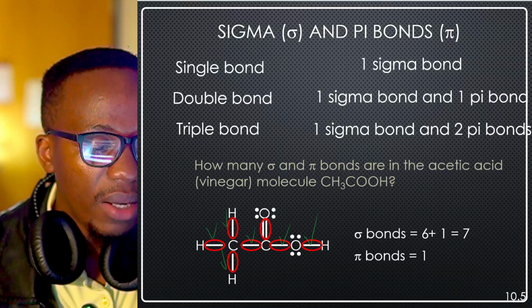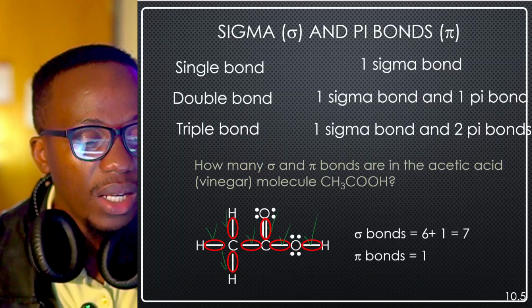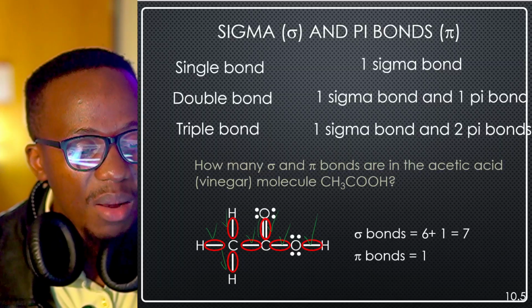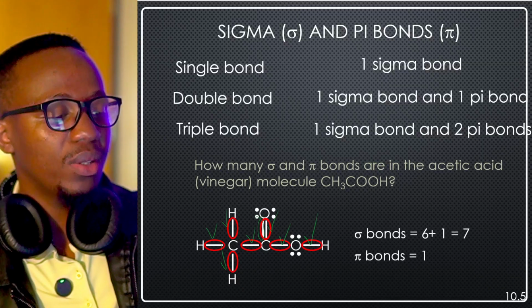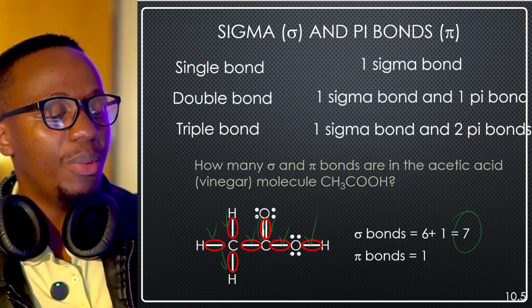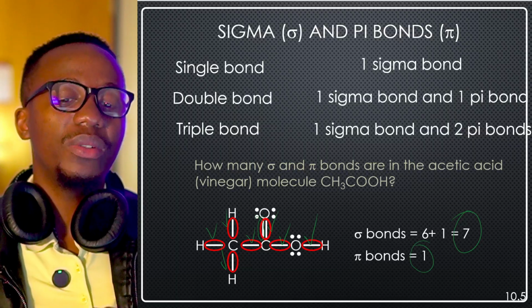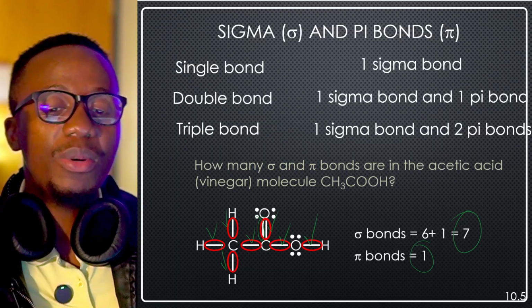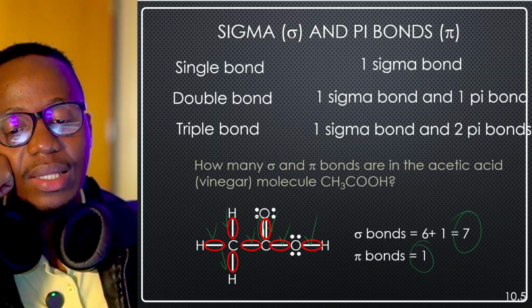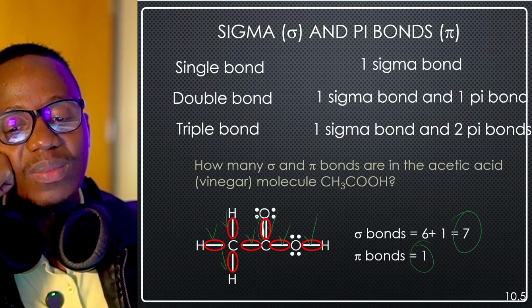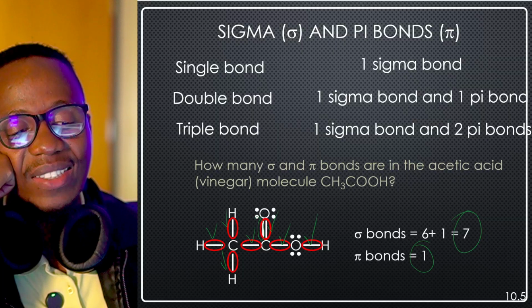So if I were to count the sigma bonds, this would be 1, 2, 3, 4, 5, 6, 7, and then one bond here out of the double bond is going to be a pi bond, right? So here you have 7 sigma bonds and 1 pi bond, right? So I'm going to ask you how many sigma bonds, how many pi bonds, and you just have to count and look at the double bonds. Does that make sense?